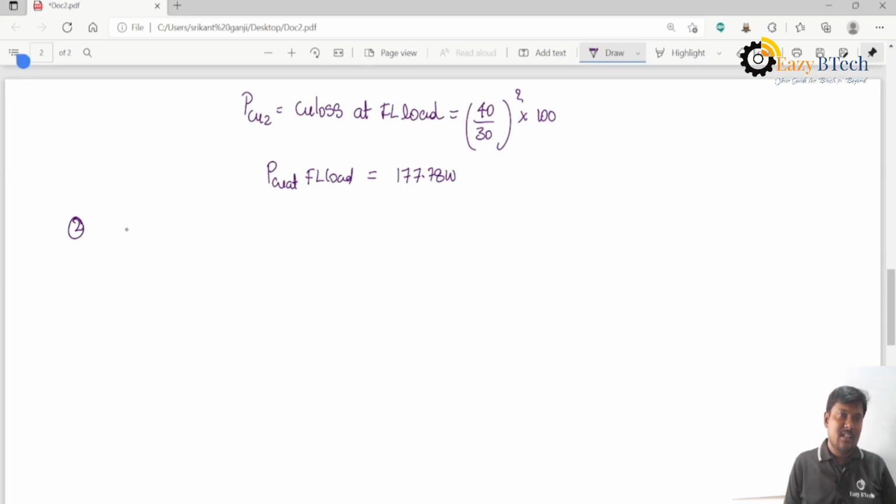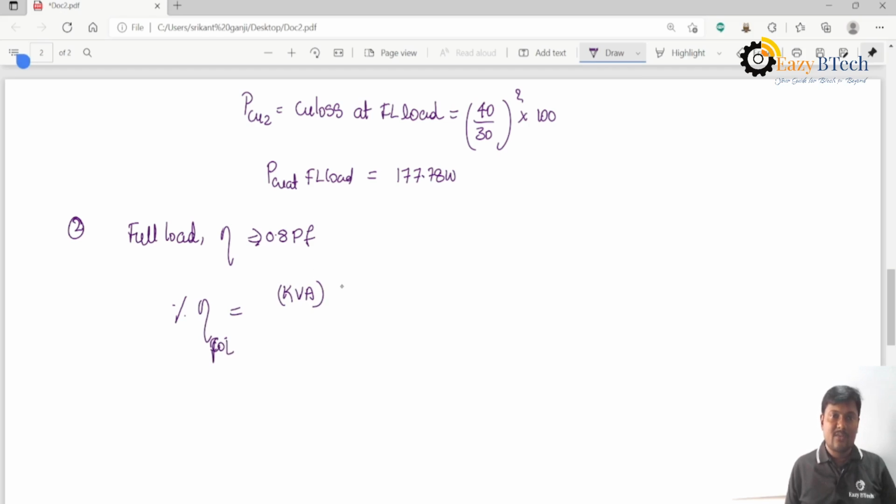Coming to the second case, on full load, calculate the efficiency at 0.8 power factor. So percentage efficiency is equal to, on full load the x value is 1, x kVA cos phi 2 divided by x kVA cos phi 2 plus iron losses plus full load copper losses.